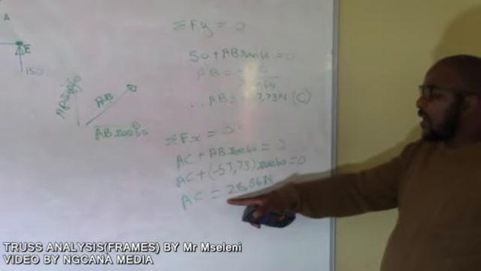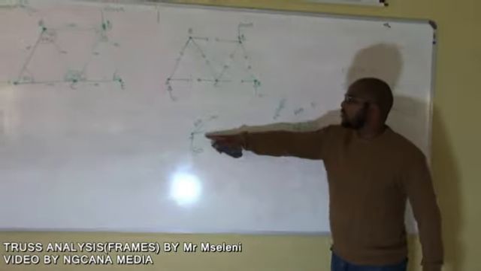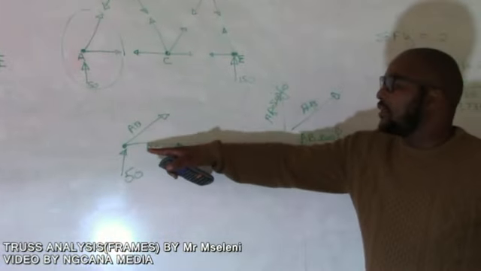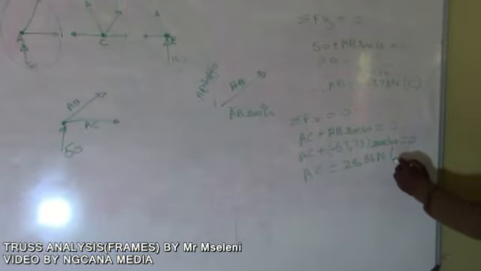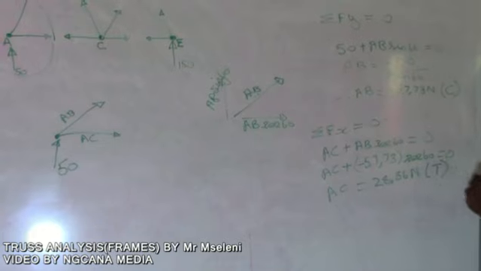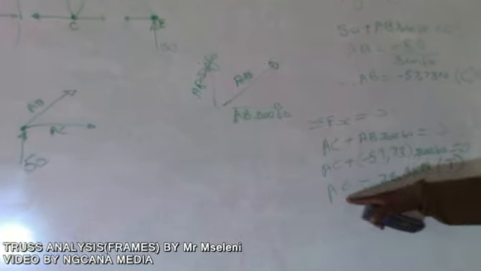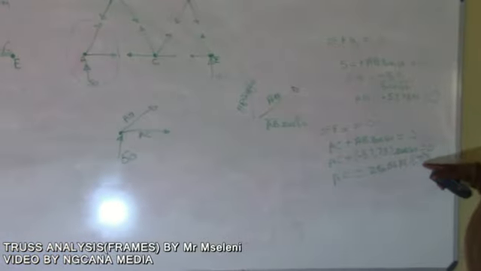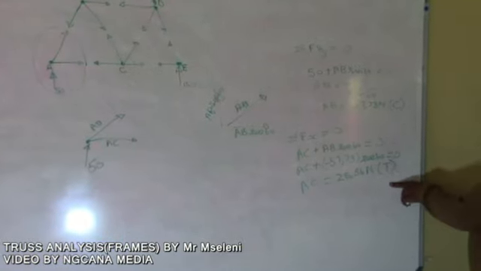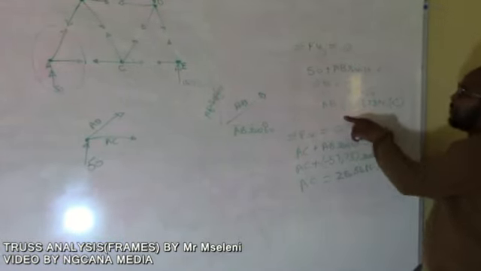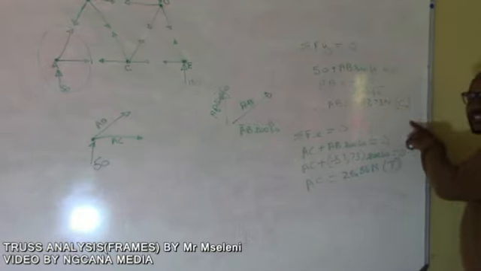So it means that if your AC comes out positive, your assumed sense of the member, that it is in tension, was right. Therefore, you just put your 28.86 and you've got it in tension. It simply shows you that the magnitude of AC is 28.86 in tension, and the magnitude of AB is 57.3, but in compression.